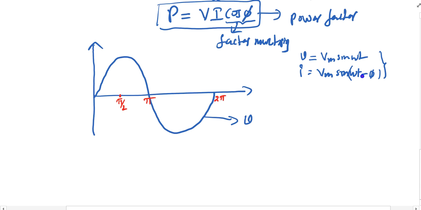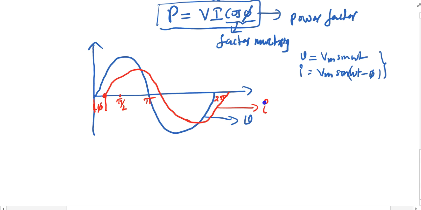But my angle phi may be somewhere here. So my current will start from this point, coming like this, going like this. So this is my current waveform.